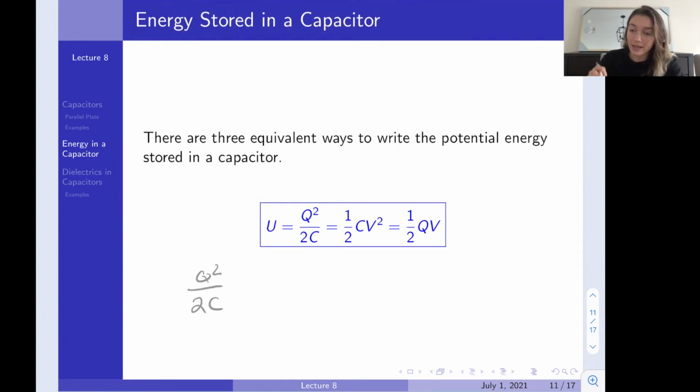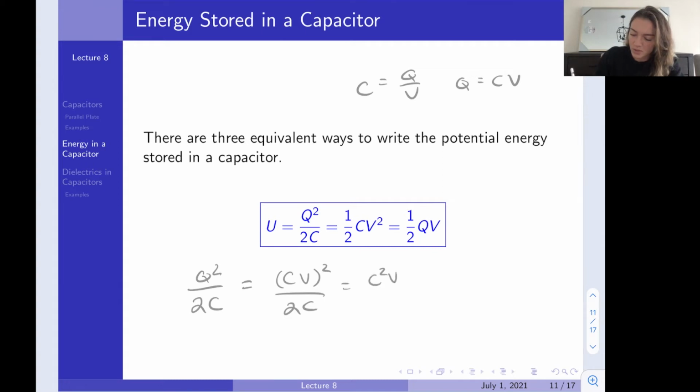Now I can get rid of my Q there, because remember C is equal to Q over V, which means that Q is equal to C times V. So I can swap out this Q with C times V. So this will be CV squared over 2C. Then I'll just distribute my square, and I can see that my C's will cancel. So now I can rewrite this as 1/2 CV squared, which is this equation here.